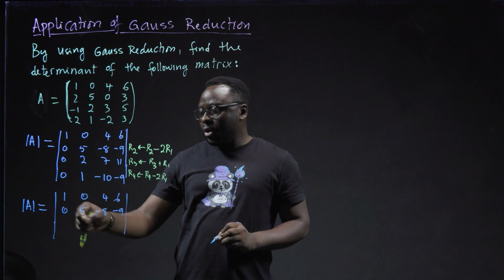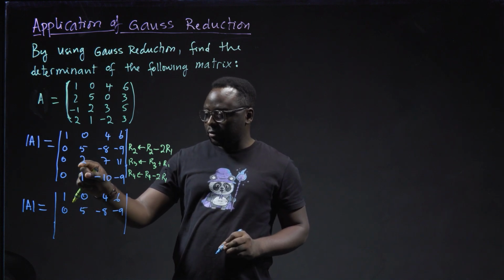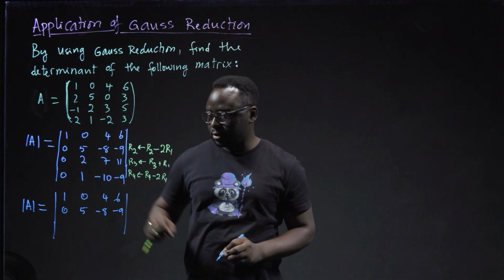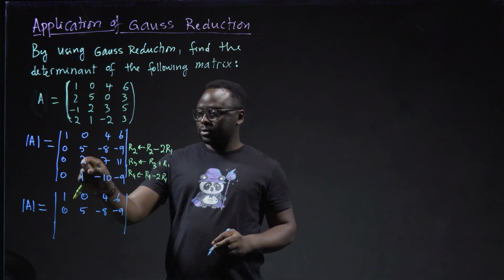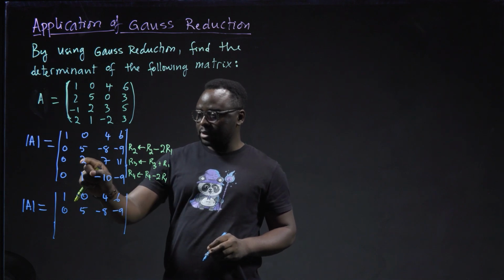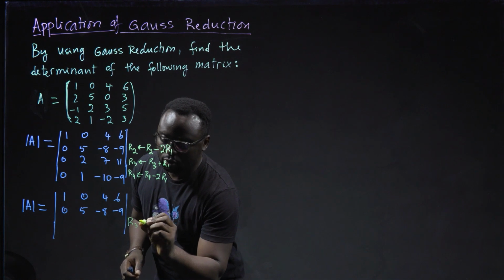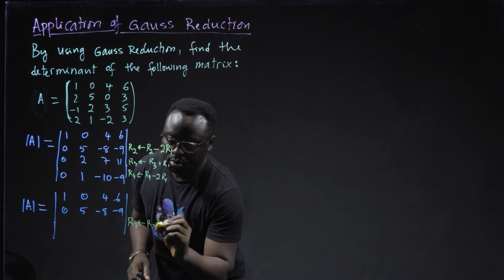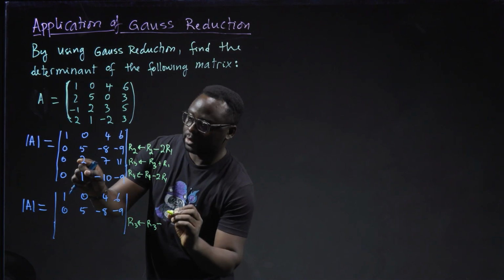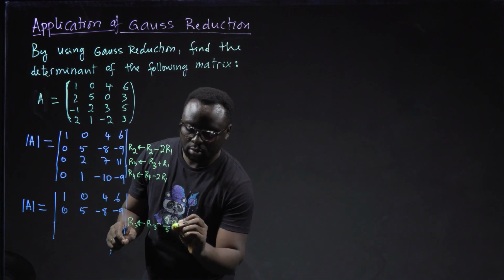Here we are fixing the second row to solve the third and the fourth. So here we have 2, here we have 5, and here we have 1. To get rid of this, we choose the third row to become the third row minus 2 over 5 times the second row.